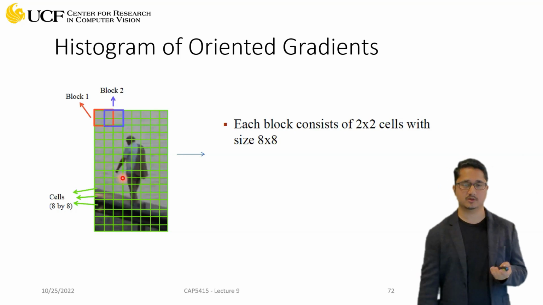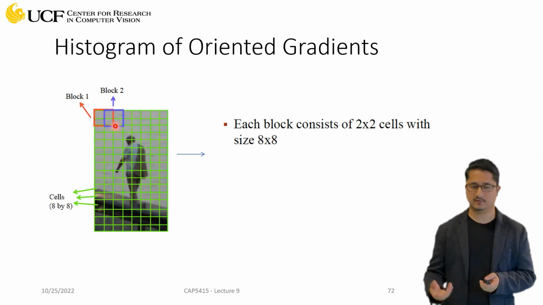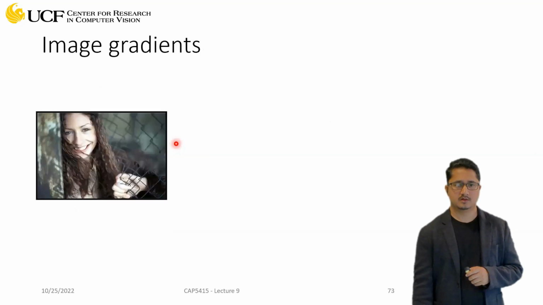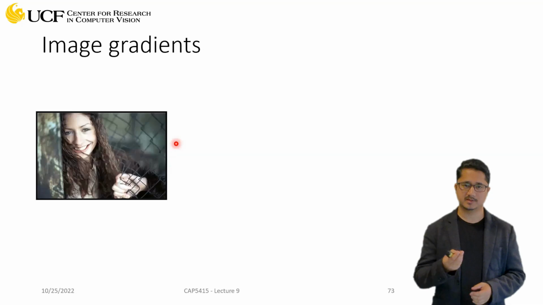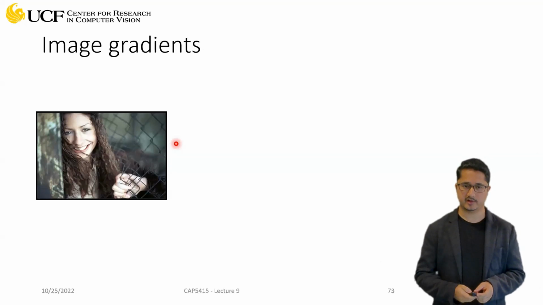But essentially, the core of the algorithm is how to extract features for this one block. If you know that, you can extract features for the whole image as well. You just slide it. Okay. So let's go through the steps for the missing part, which was creating histogram for gradients.